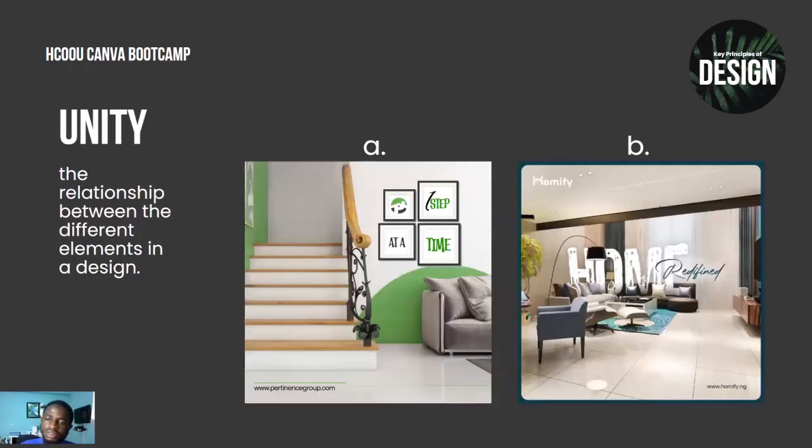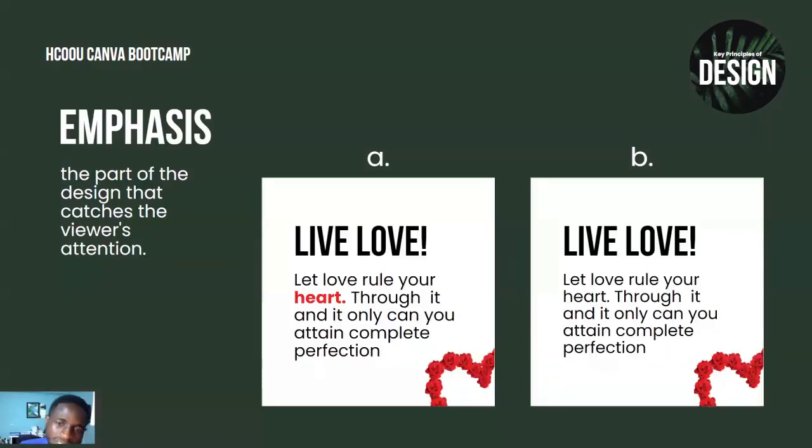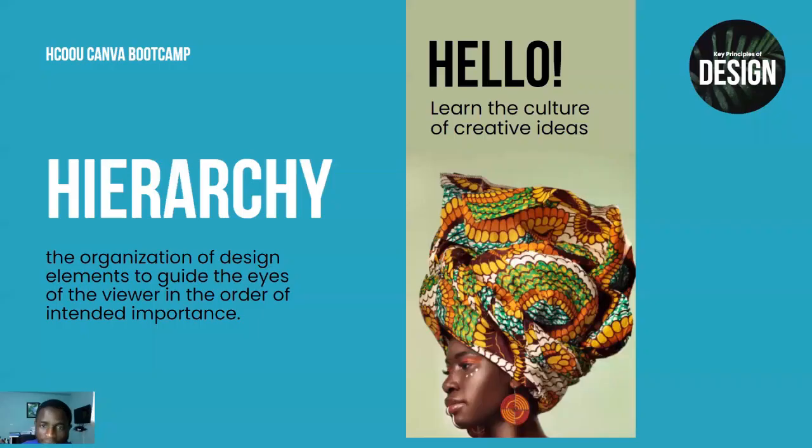Then we have unity, which I've explained as the relationship between different elements in a design. Then we have emphasis, which is when you are laying emphasis by maybe enlarging or changing the color, or making one element in the design unique, just for the sake of calling the attention of the viewer. Then we have hierarchy, which I've explained from head to toe of this design, this example here.